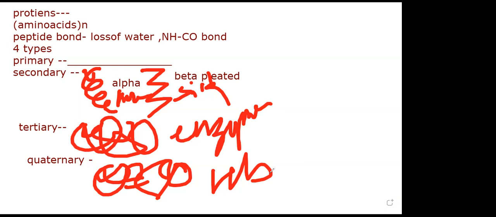Antibody receptors fight against infectious agents. Collagen is the most abundant structural component, the ground substance. Trypsin is the enzyme involved in protein metabolism. Insulin is the hormone. So let's move on to carbohydrates.